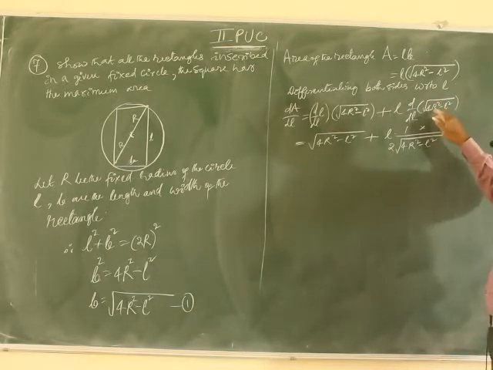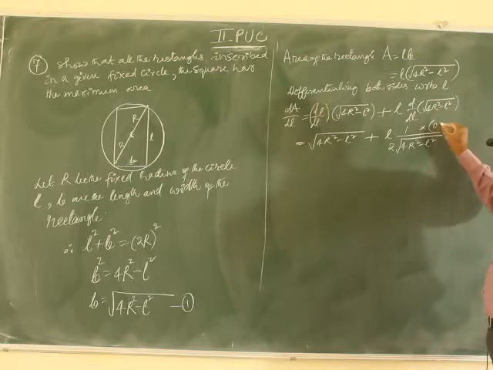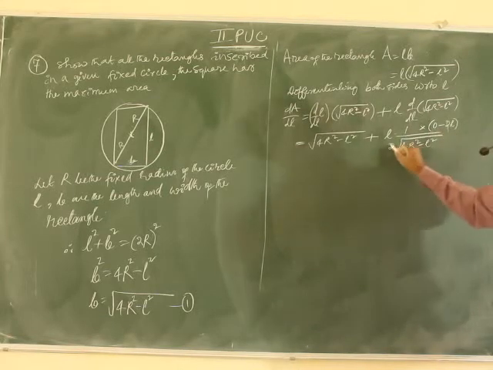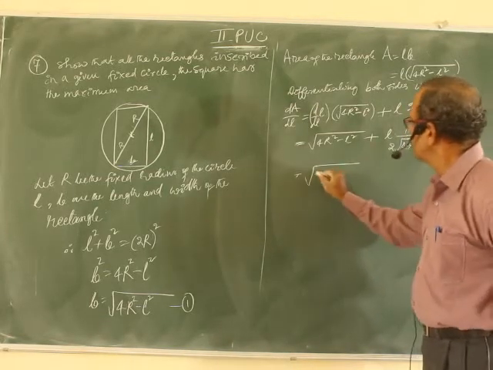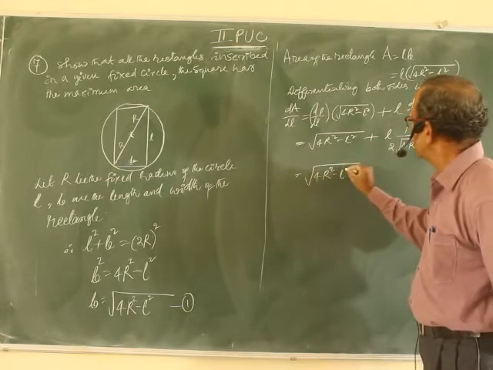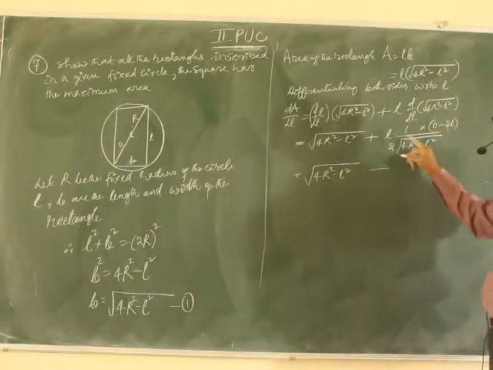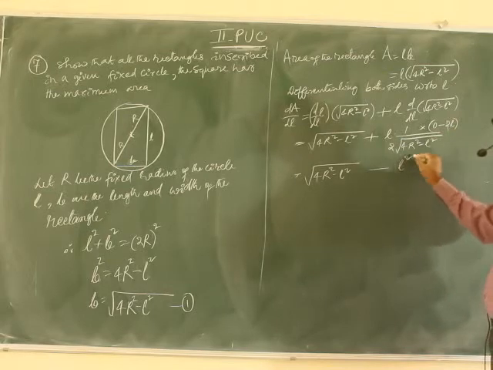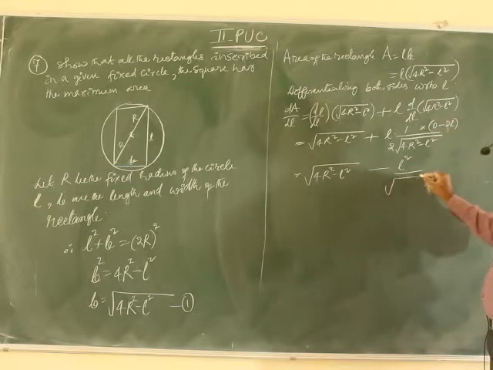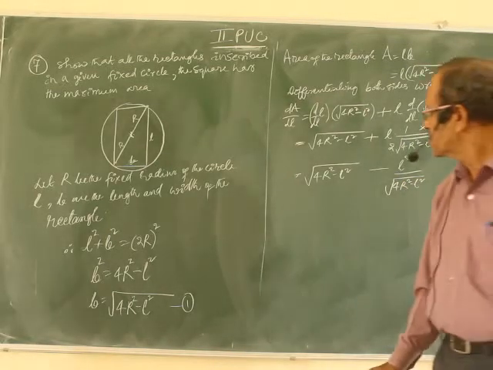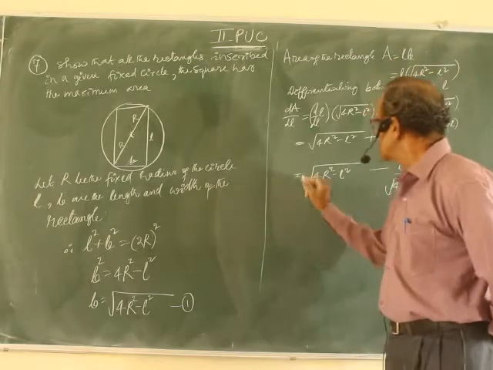We already said 4R square is a constant, 0, minus, it is variable, 2L. Or you get root of 4R square minus L square minus L square divided by root of 4R square minus L square. Derivative is over, that's all.